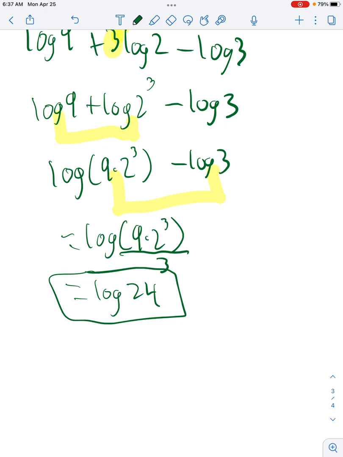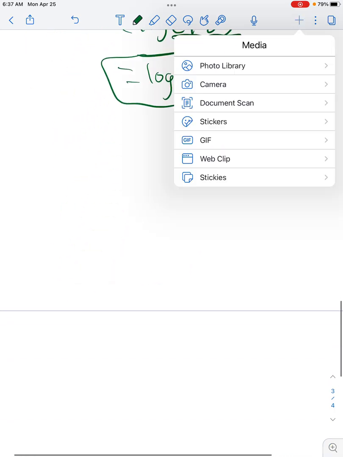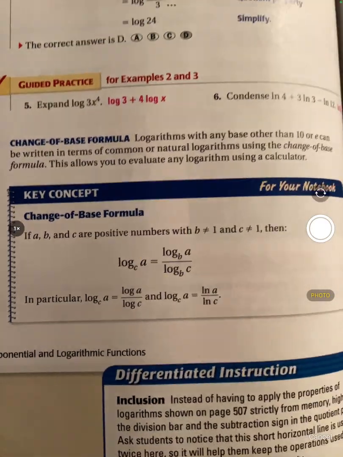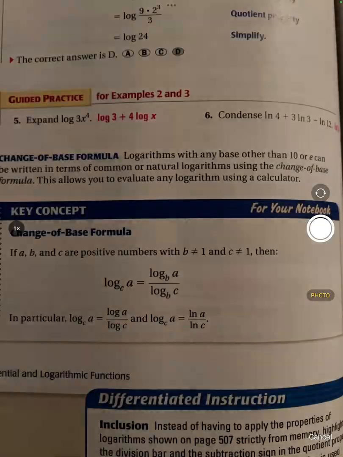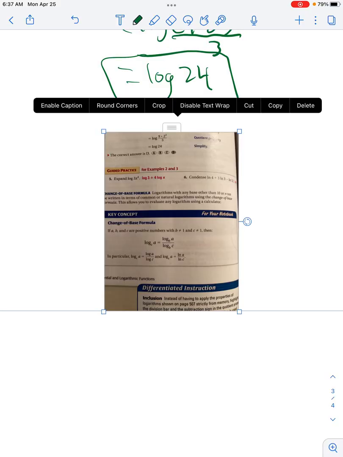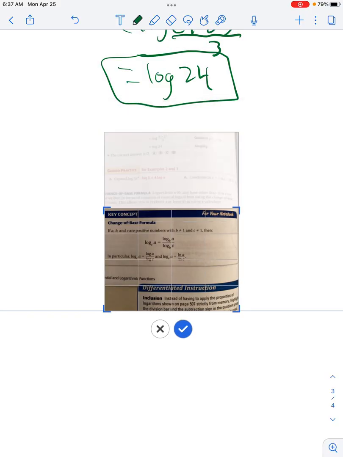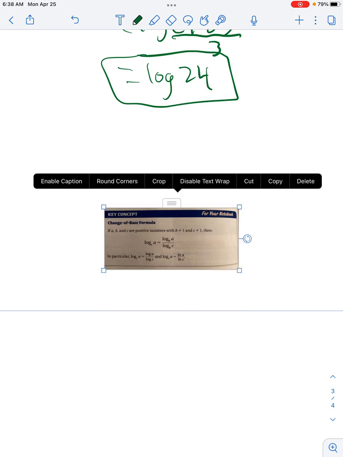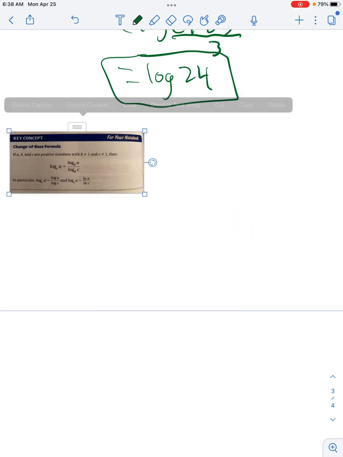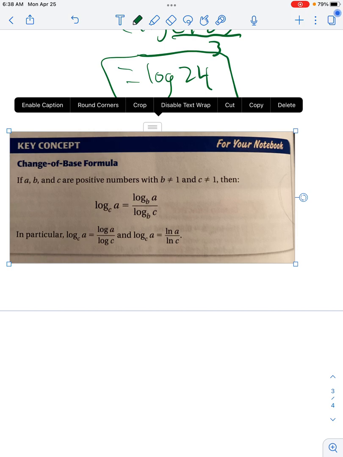Okay, so kind of our last idea in this lesson is the change of base formula. So if I look at this, all right, if A, B, and C are positive numbers with B not equaling 1 and C not equaling 1, then we can use this property.